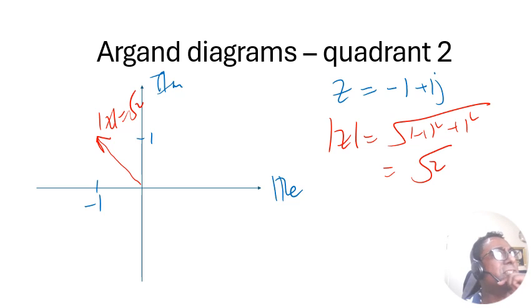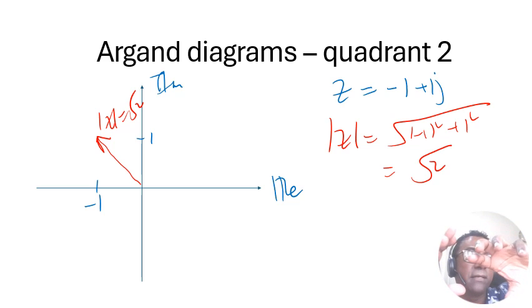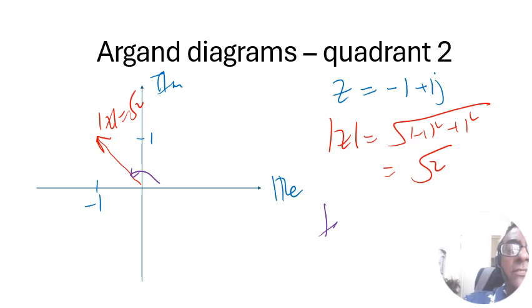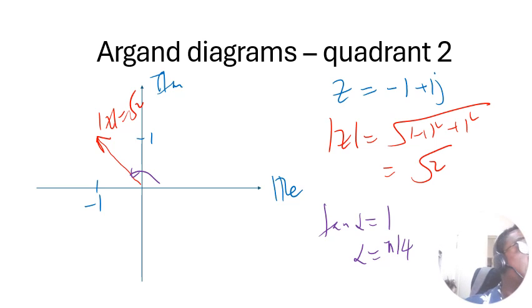But what about the orientation? Because remember, your angle theta, if you have a look, we're heading that way, lies between minus pi and pi. So we're in the second quadrant, and so let me just introduce a reference angle. So tan of alpha is just going to be 1, a reference angle. So that tells me alpha is going to be pi by 4, which is 45 degrees.